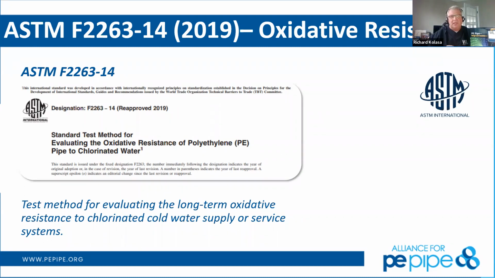Yeah, a little bit of history here for anyone who hasn't heard this before. I gave an example yesterday of the Nevada failures that we had in service tubing. What it was related to was slow crack growth and oxidative resistance, which we refer to in our world as SCG.